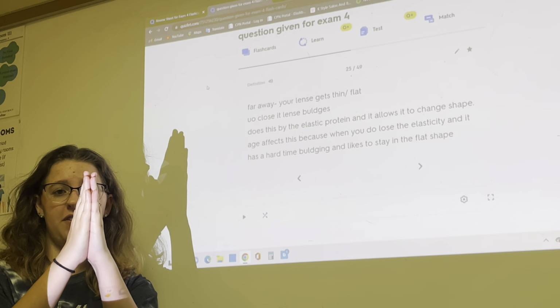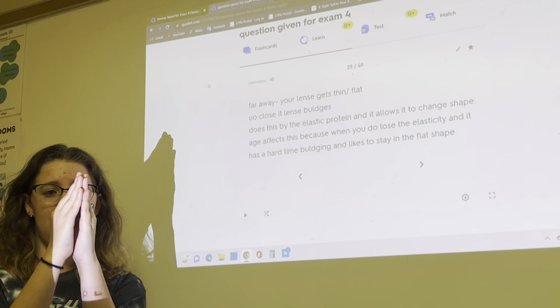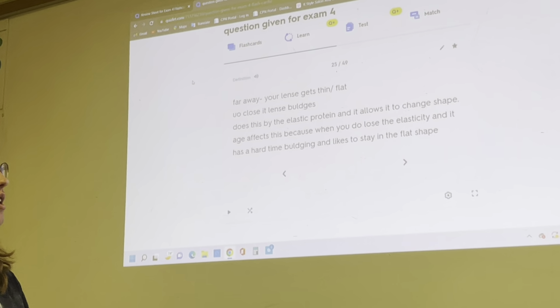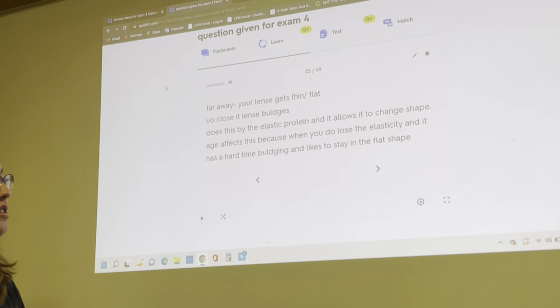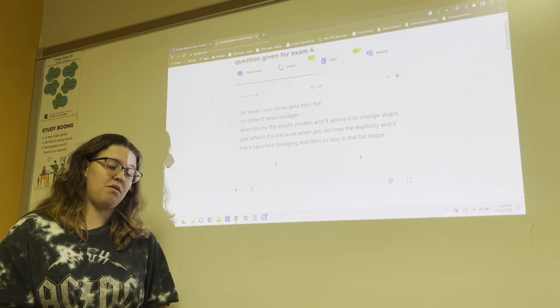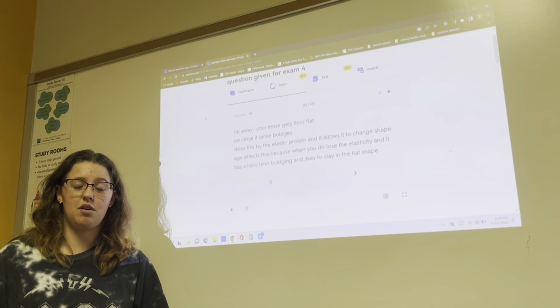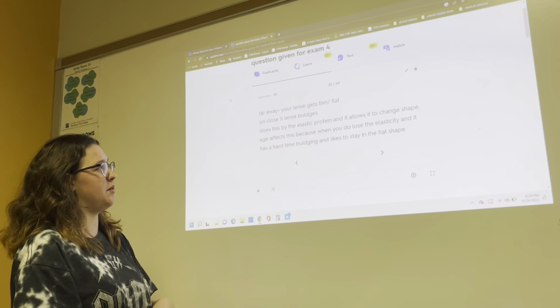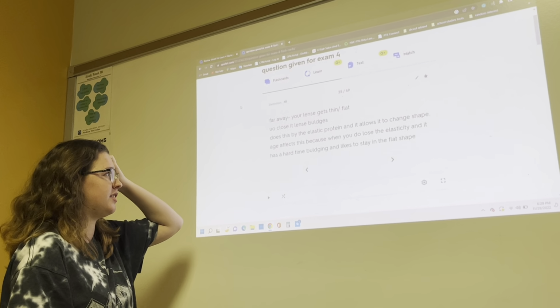So instead of going from flat to bulge, it's going to be kind of in the middle, so it's going to be hard to see. As you lose that, it's going to be hard to see up close, and if you're blind like me, it's going to be hard to see far away too. I'm sure this is also going to be a short answer application. Yes, it will be. So this is going to be a short answer.